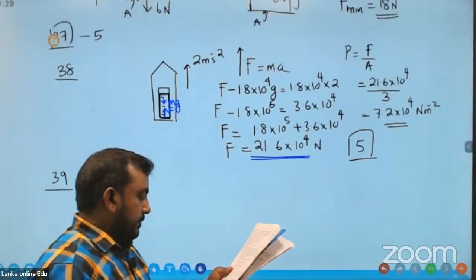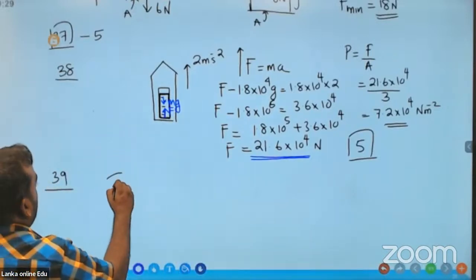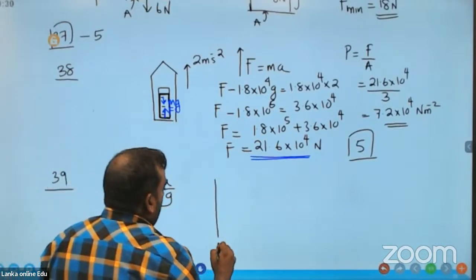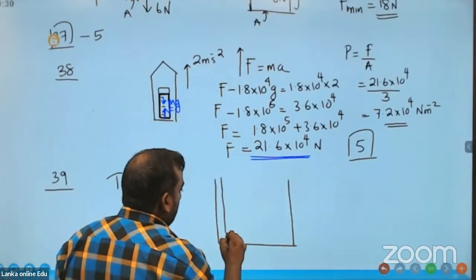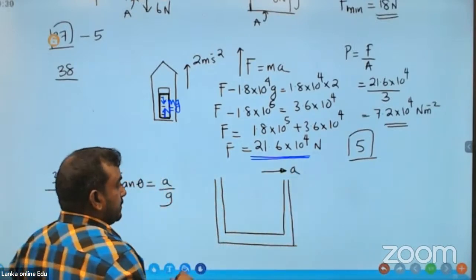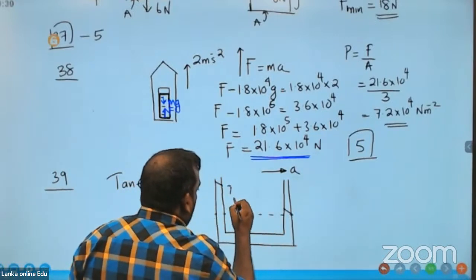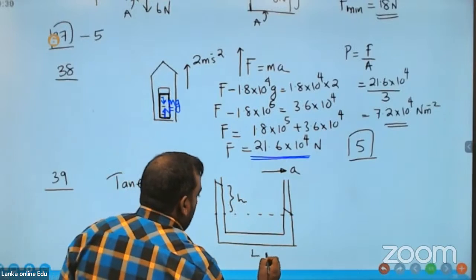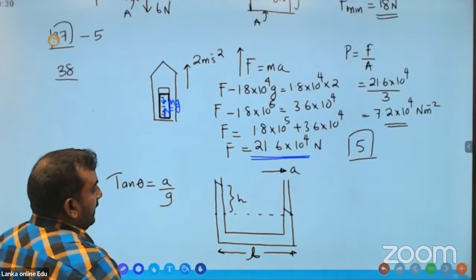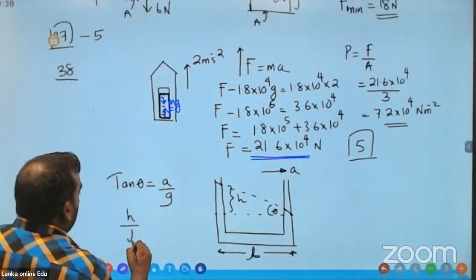MCQ 39. Flat bottom U-tube. I told you, whenever you see a flat bottom U-tube accelerating, tan theta equals a over g. In theory, we proved this. Height difference is H. Length is L. So tan theta is equal to H over L, which is a over g.